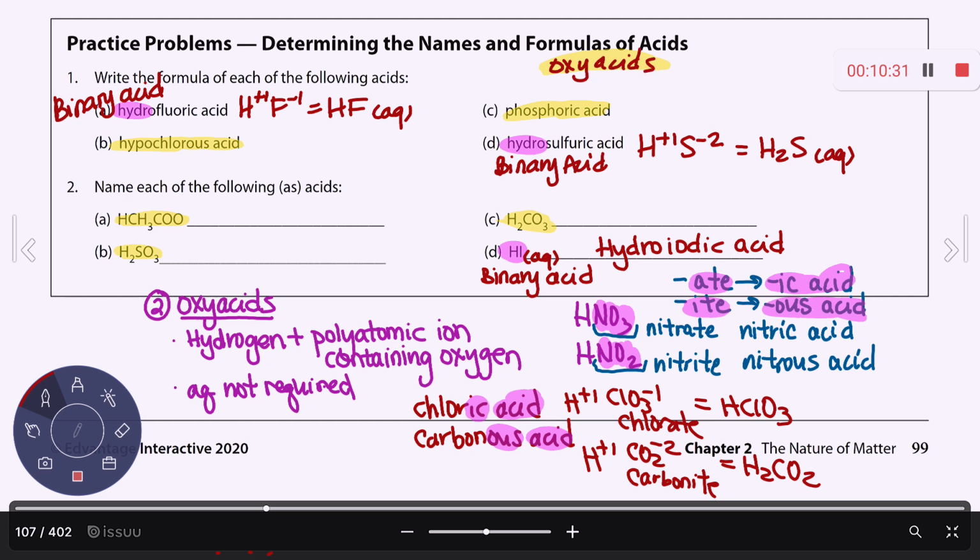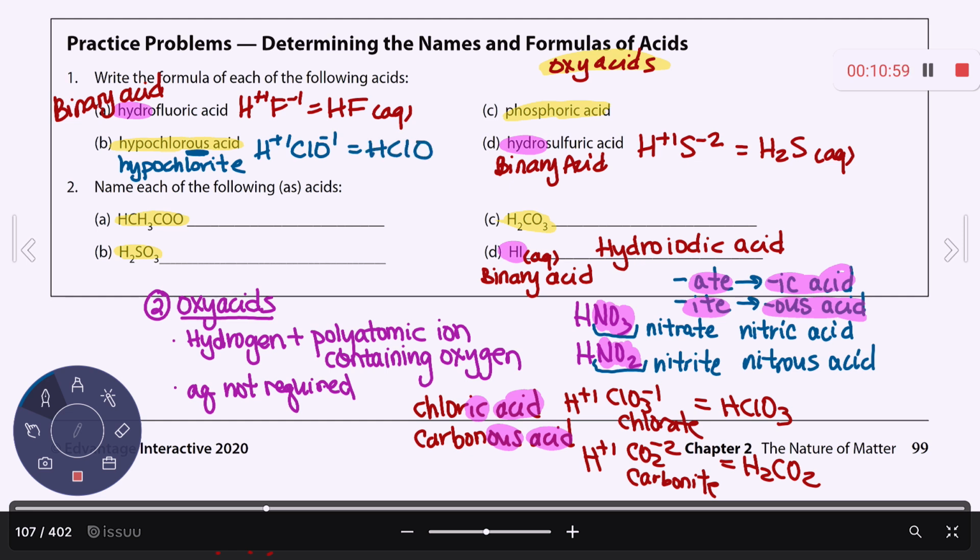Okay, this is where we have the ate and the ite endings that become ic and ous. So let's use a different color here. This is ous. Ous means I had ite. So hypochlorite is attached to hydrogen here. So this would be an H plus 1 and a ClO minus 1.